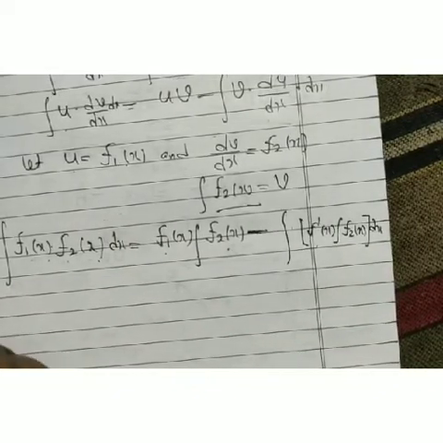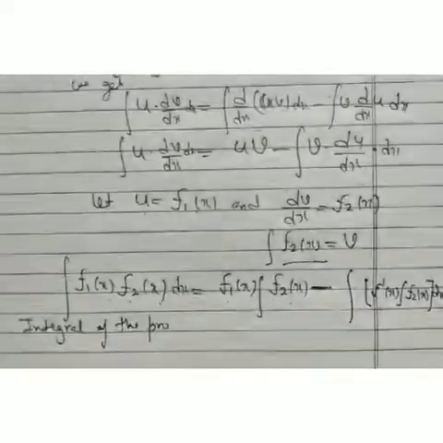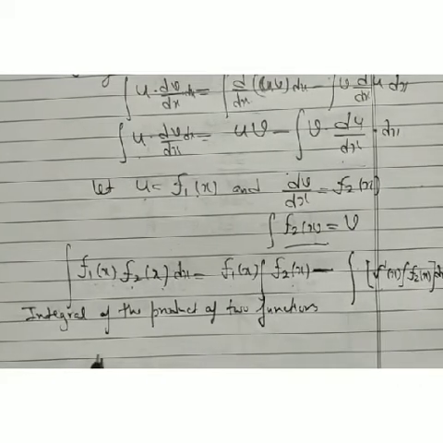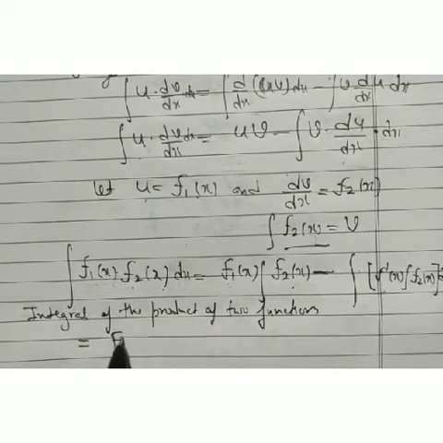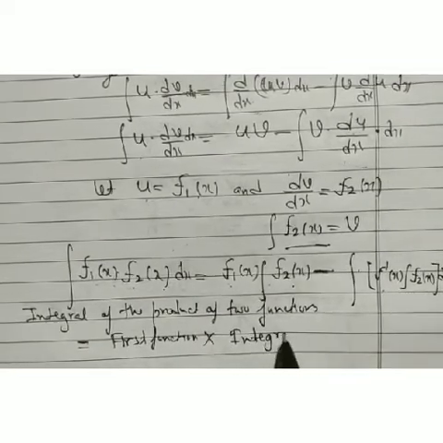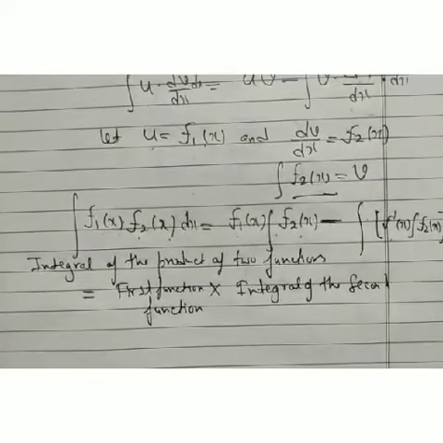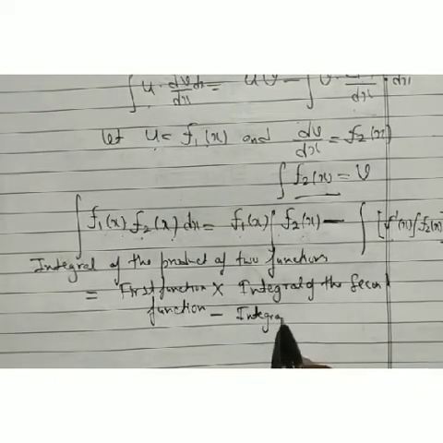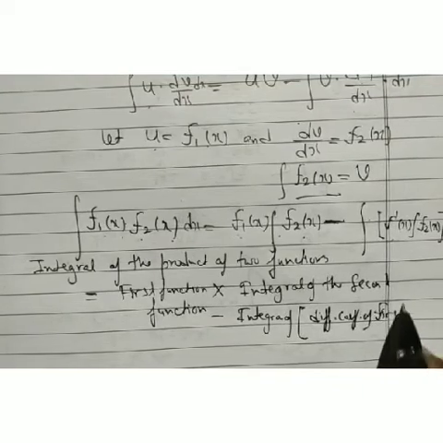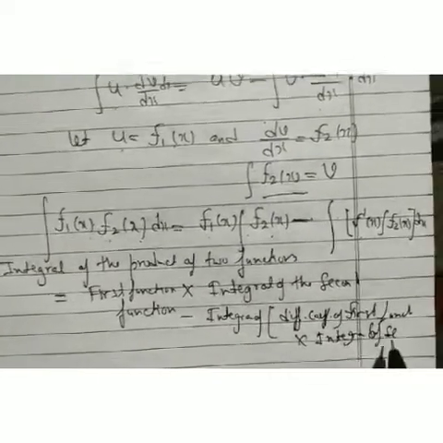The integral of the product of two functions is given by: first function into the integral of the second function, then minus the integral of the differential coefficient of the first function into the integral of the second function.